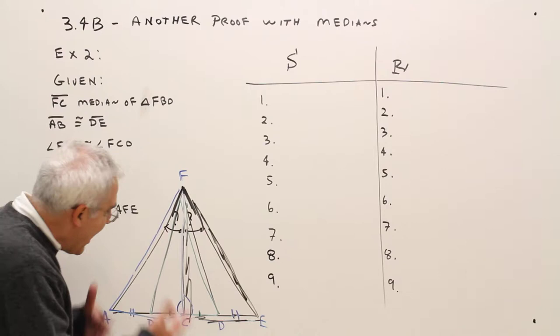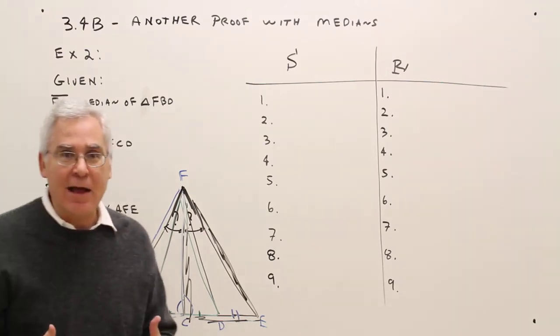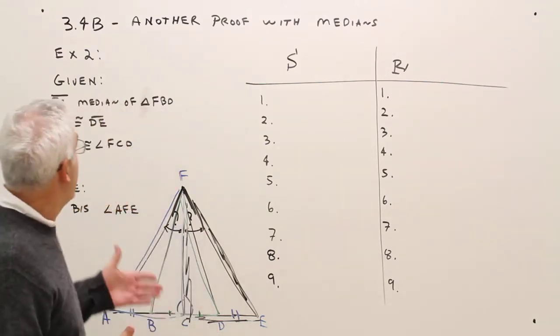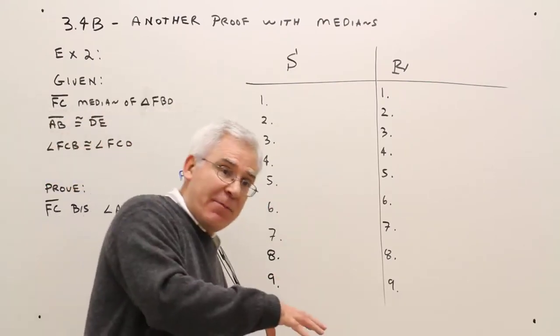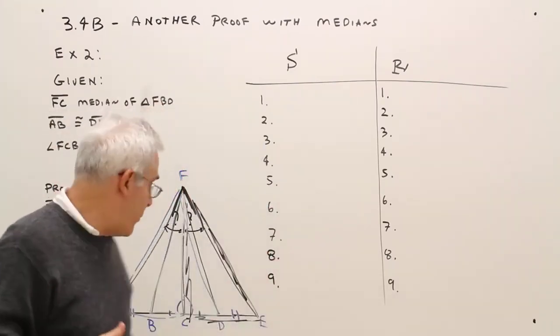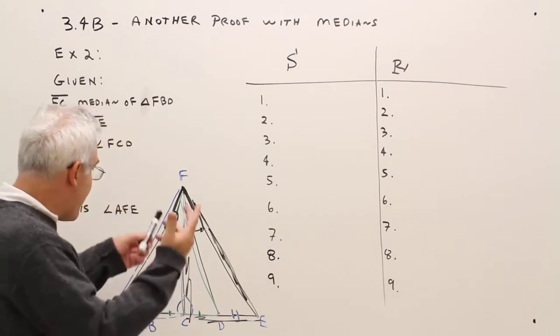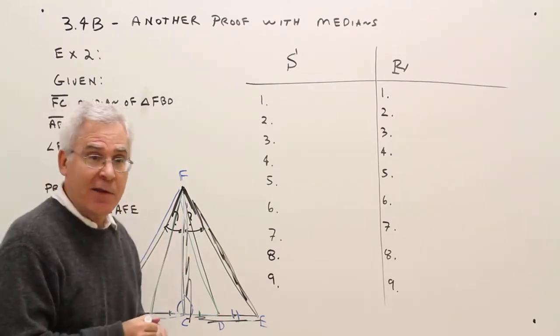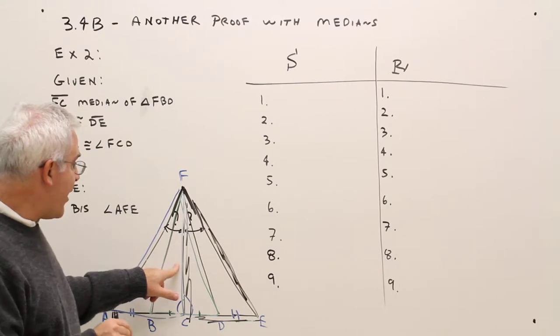Okay, so now that I kind of have an idea for what's going on, let's go ahead and do the proof. So in this case, I'm given a median and using that information. In the last proof, I was trying to prove that we were a median. All right, so again, I'm going to try to go in SAS order. So I'll start with this side here.